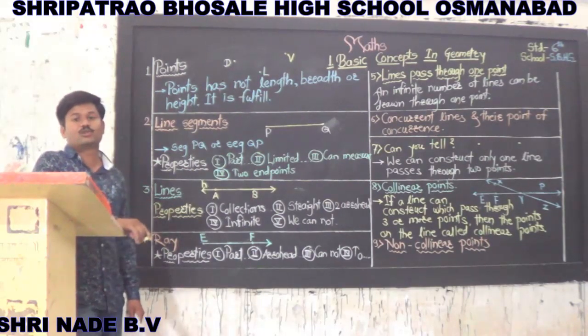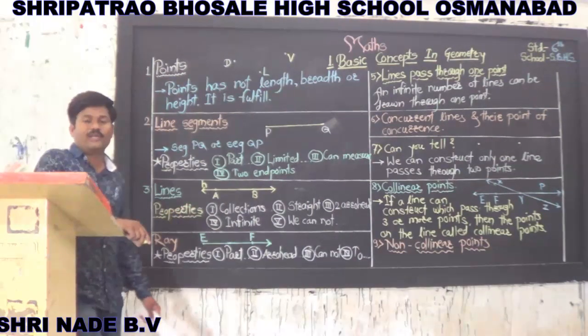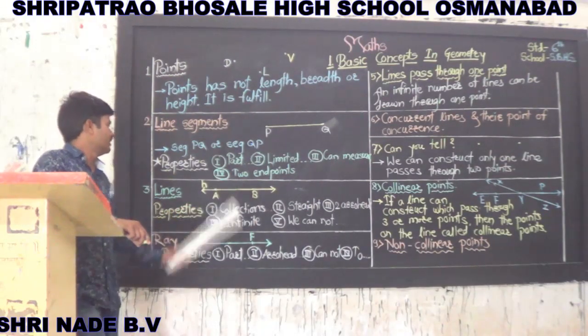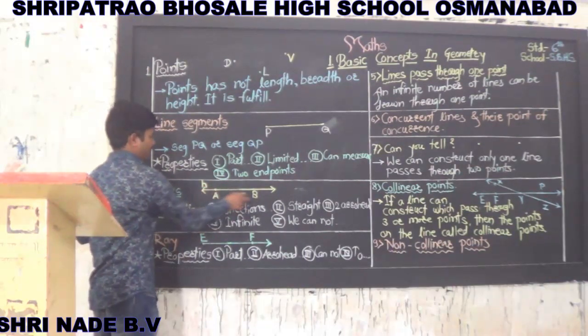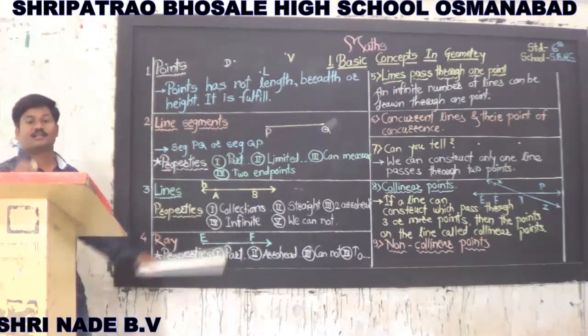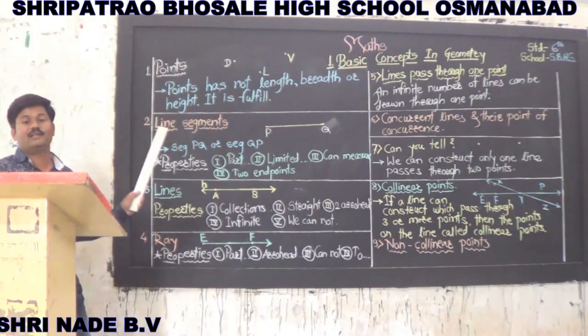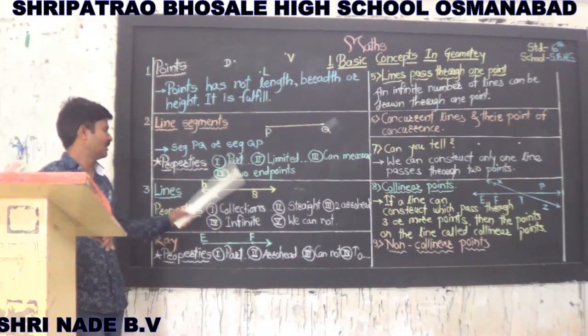To show a very long or very big line, we use arrowheads. Here the figure with two arrowheads, where the line is very big, is called a line.